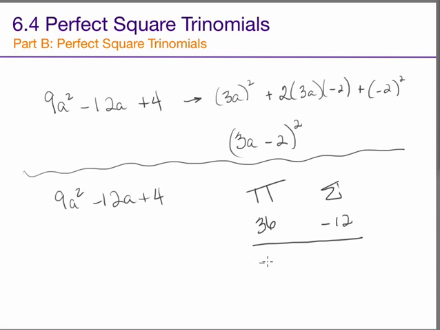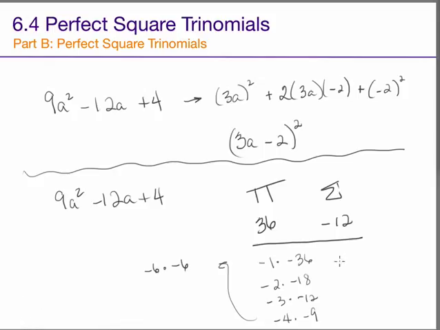I can either have negative 1 times negative 36, or negative 2 times negative 18, or negative 3 times negative 12, negative 4 times negative 9, negative 6 times negative 6.